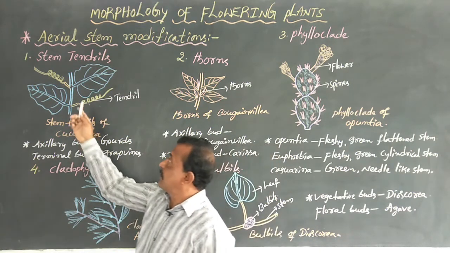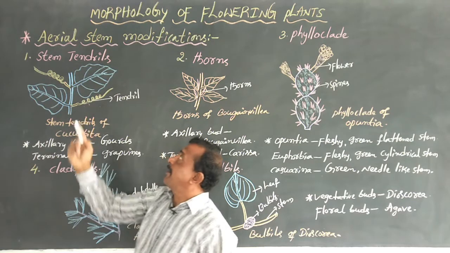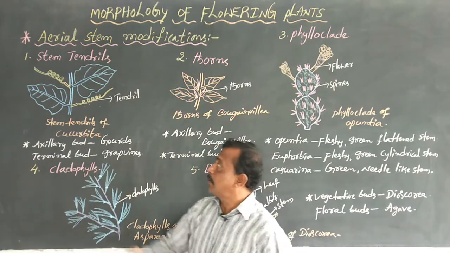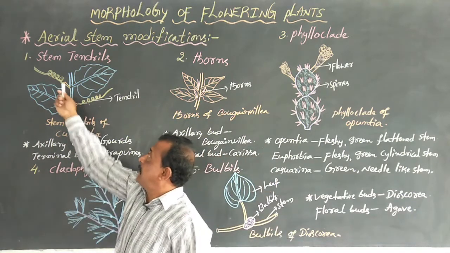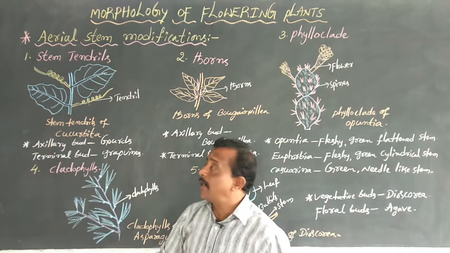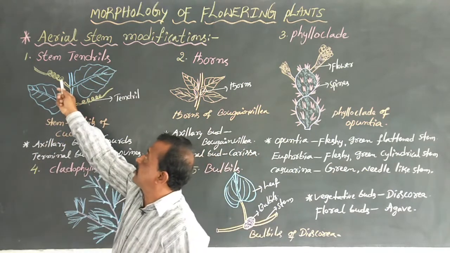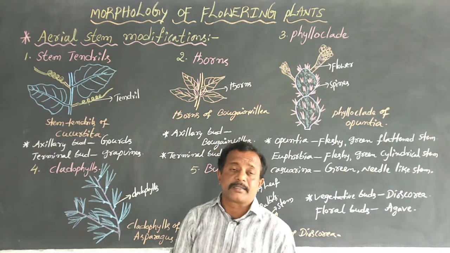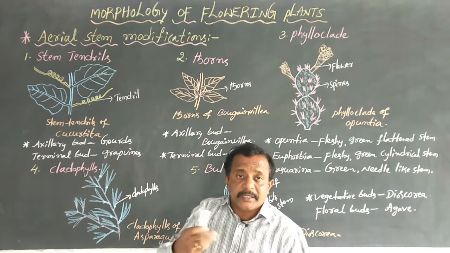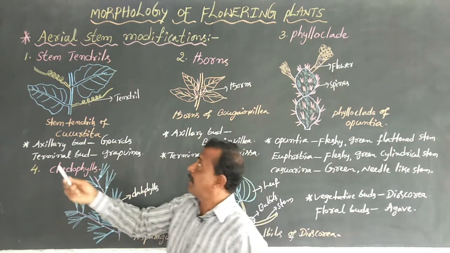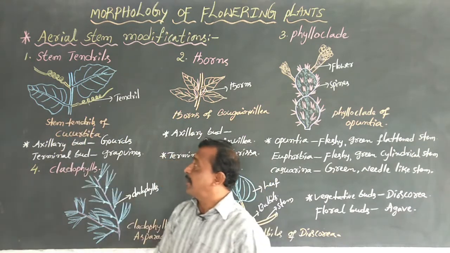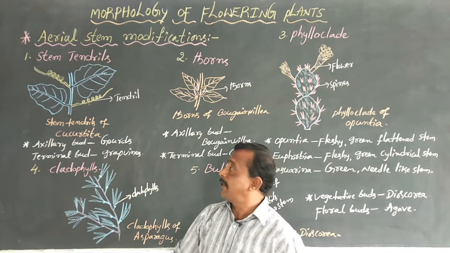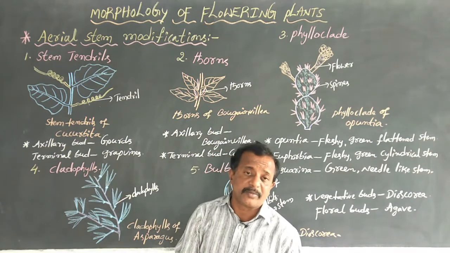What is the meaning of tendrils? The wiry delicate organ or spirally coiled structure is called tendrils. These tendrils are developed from the axillary buds and terminal buds of the stem.